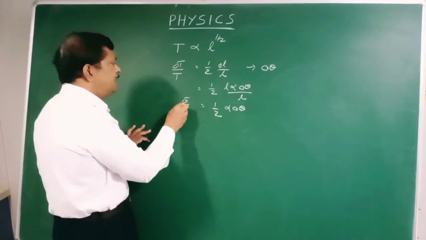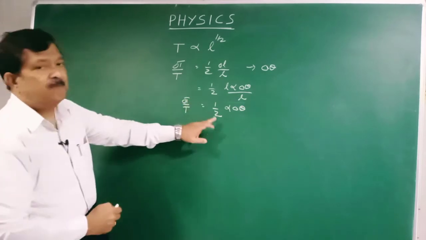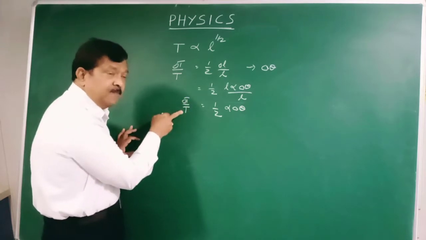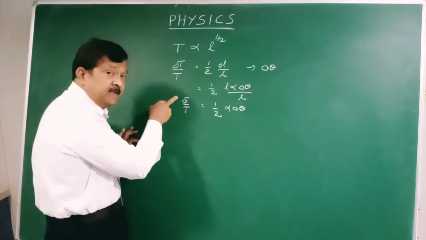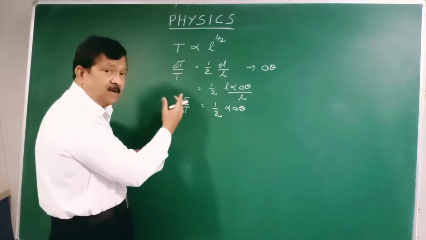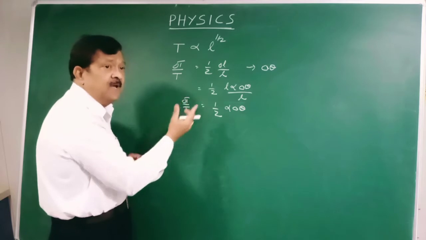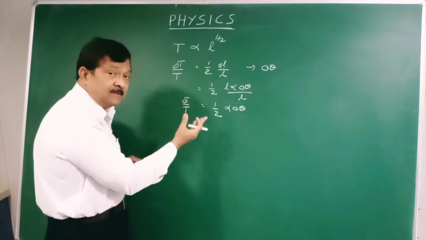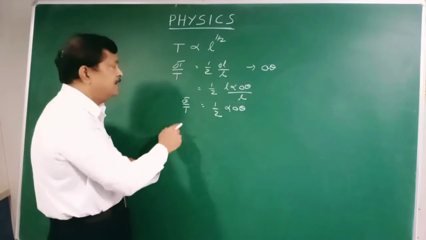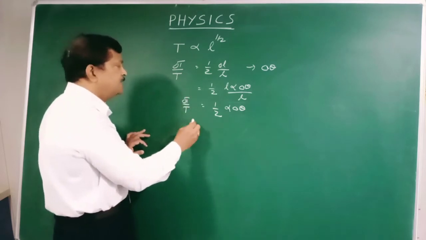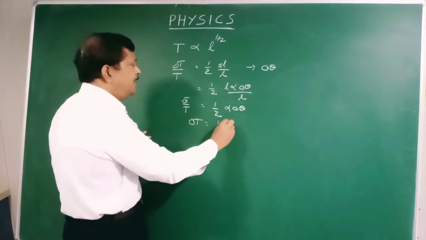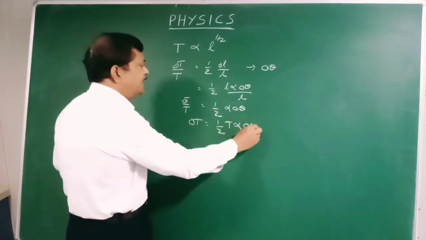So delta T by T we can measure as per this equation, where T is the time you are measuring, and delta T is the change in the time or the incorrect reading given by the clock, the error or the difference between the correct time and the time given by that clock at that temperature. So delta T will be equal to half of T alpha delta theta.